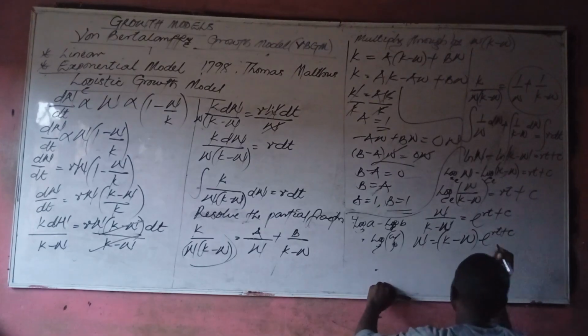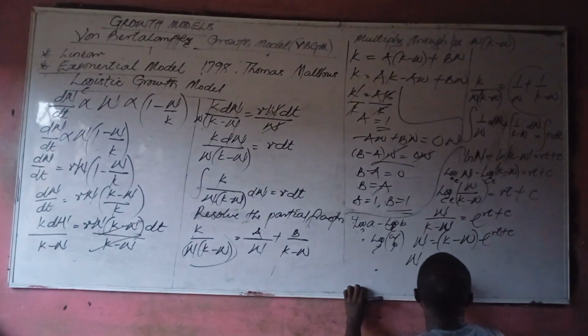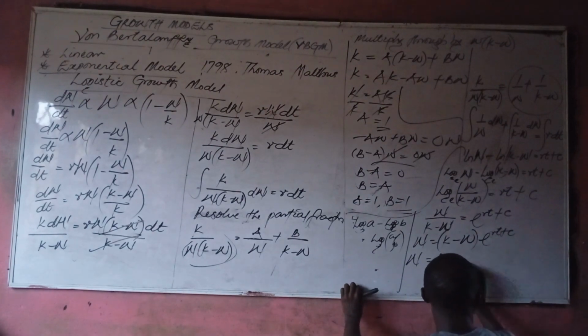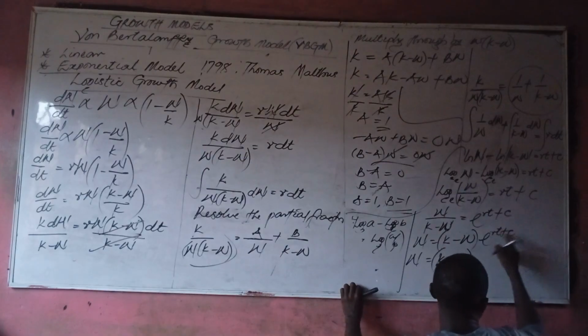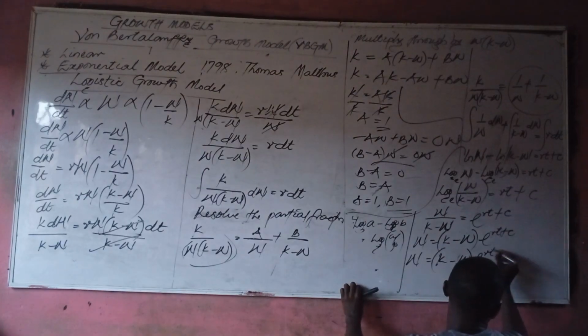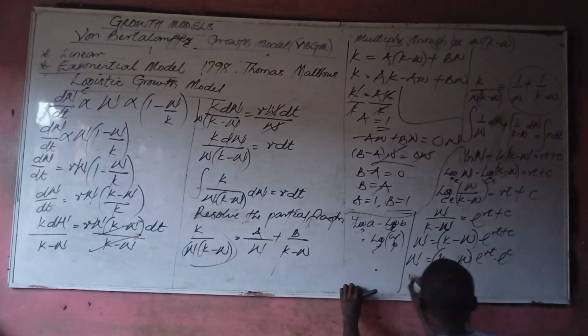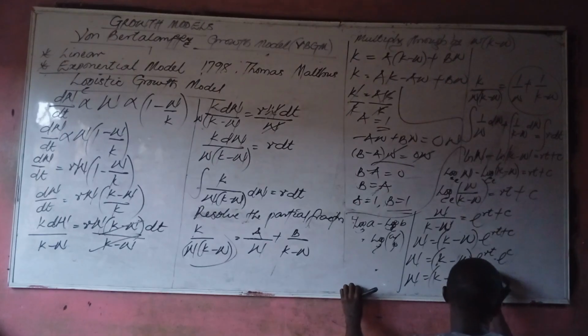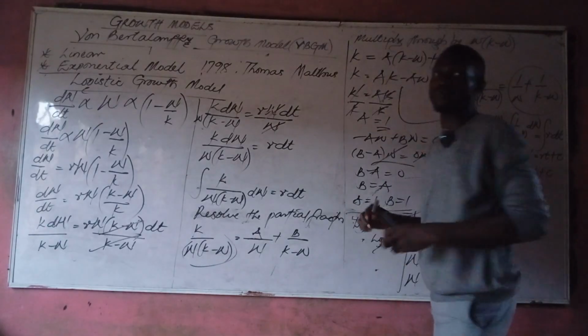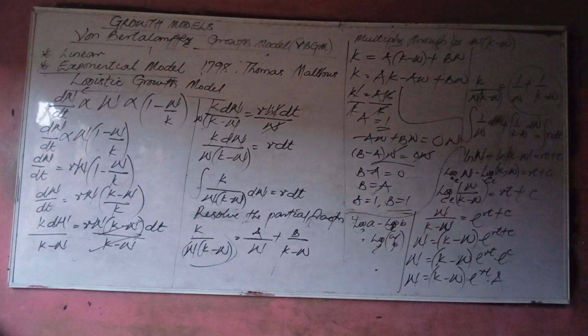But from here, we know that W will be equal to K minus W, close bracket, E to the RT plus C. E to the RT plus C can be written as E to the RT dot E to the C, so that W becomes K minus W, E to the RT, dot a constant. Let's put A as the constant.